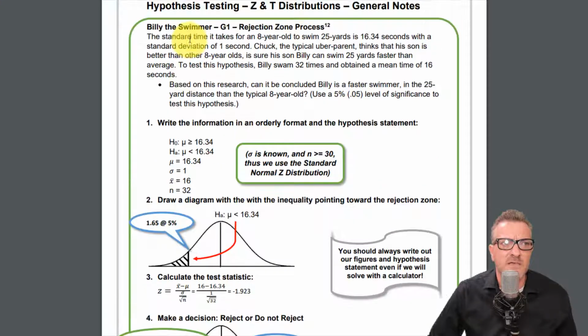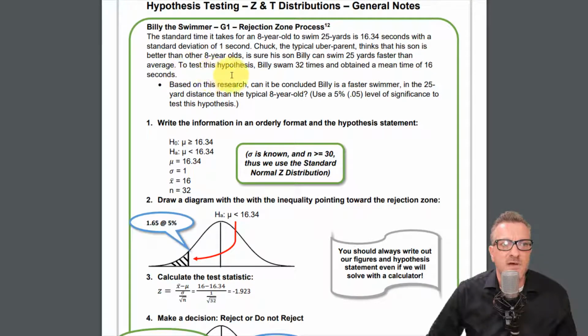Okay, let's take a look at how these things work. The question: the standard time it takes for an 8-year-old to swim 25 yards is 16.34 seconds with a standard deviation of 1 second. Chuck, the typical Uber parent, thinks that his son is better than other 8-year-olds, is sure his son Billy can swim 25 yards faster than average.